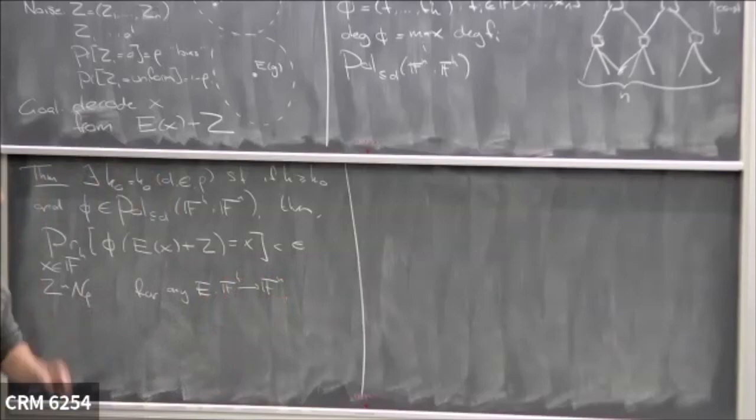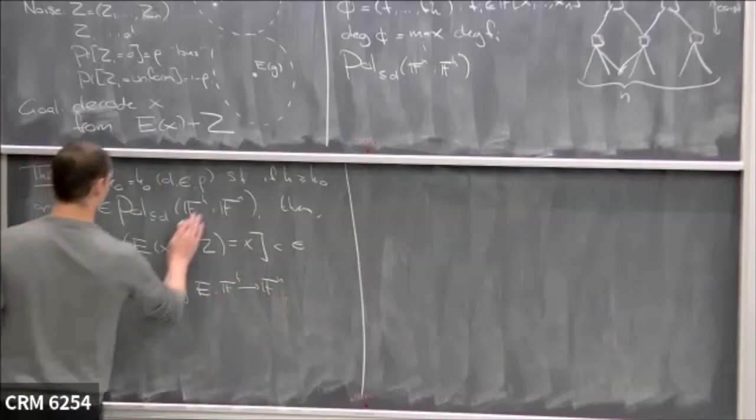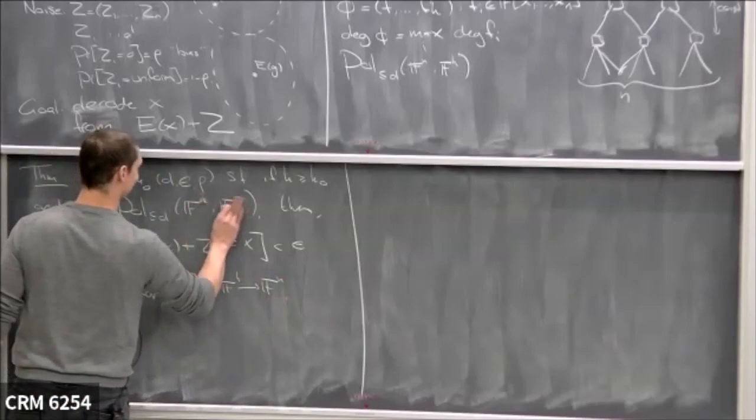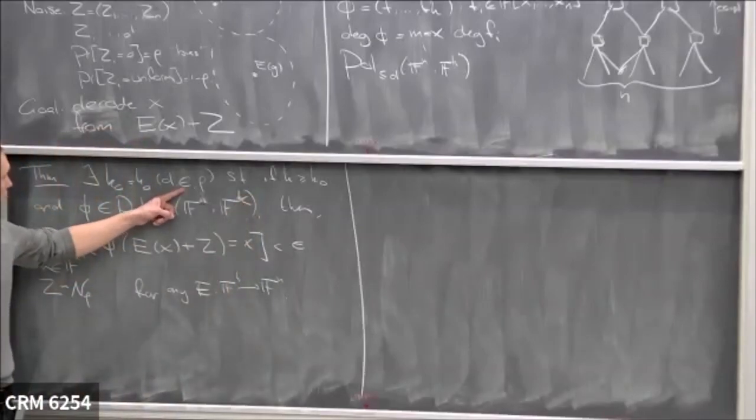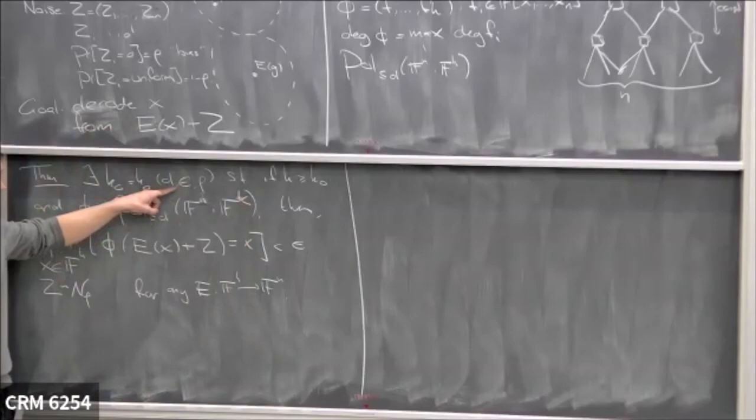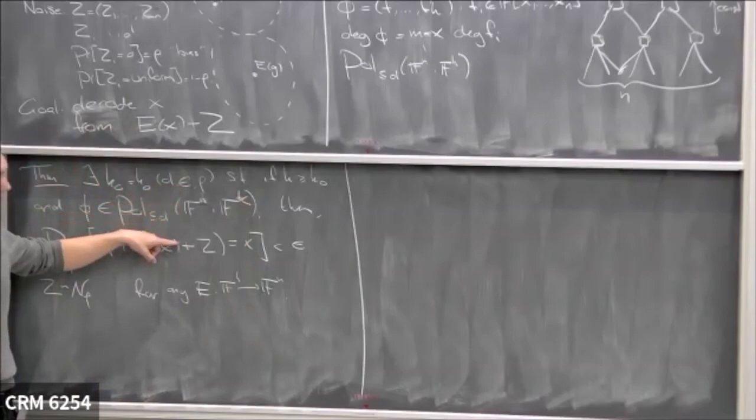Yeah, so I think the notation is the other way around. Yes, thanks. When is the epsilon chosen? Up here. So you choose epsilon. This is how bad you want the circuit to be at decoding.